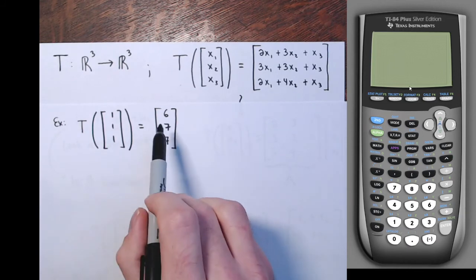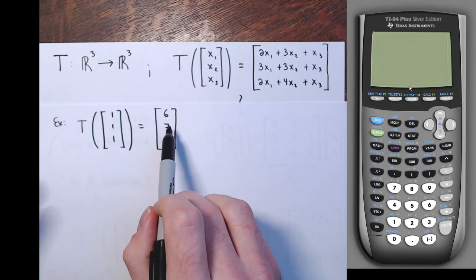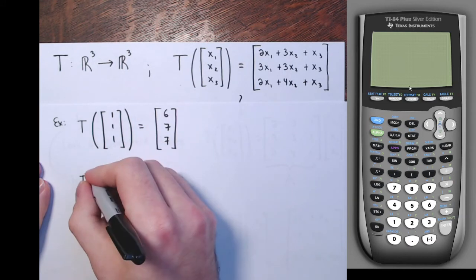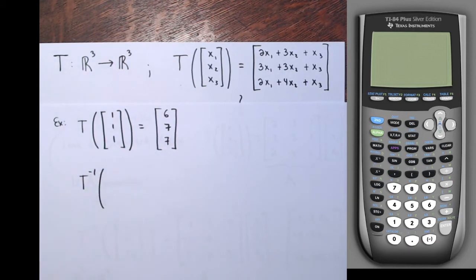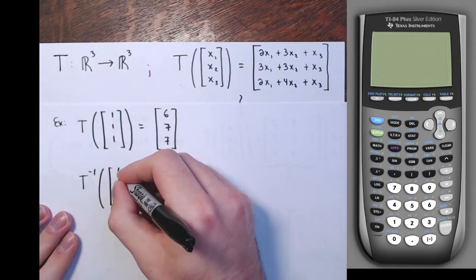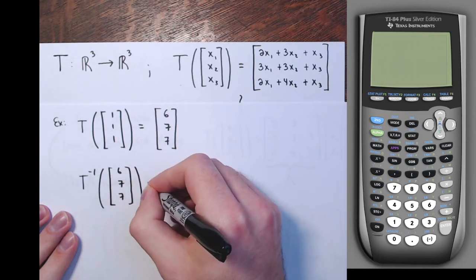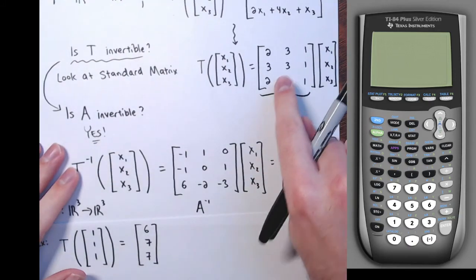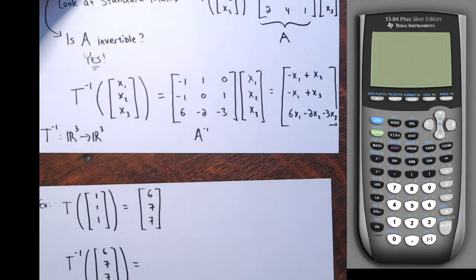Now what I'm going to do is take 6, 7, 7 and plug this into T inverse. And hopefully it takes me right back to 1, 1, 1. So I'm taking T inverse of 6, 7, 7. And again, if they truly are inverses, I should just get 1, 1, 1 back. Using that inverse matrix, I got a nice rule here for T inverse. Let's see if this actually works out.